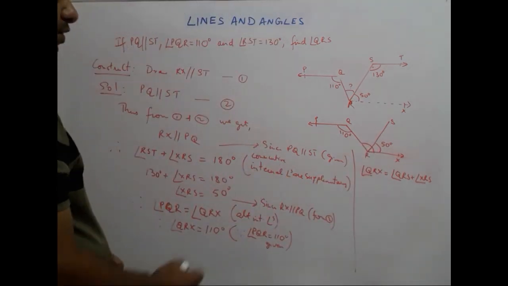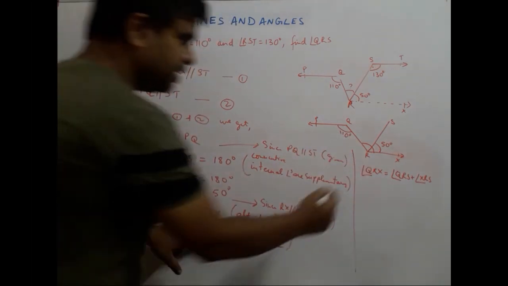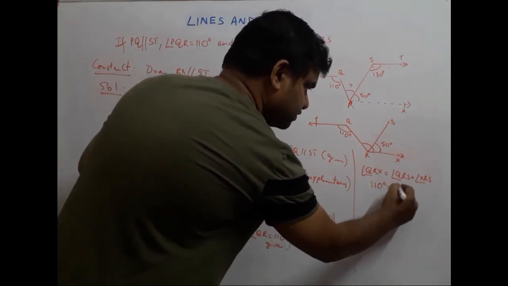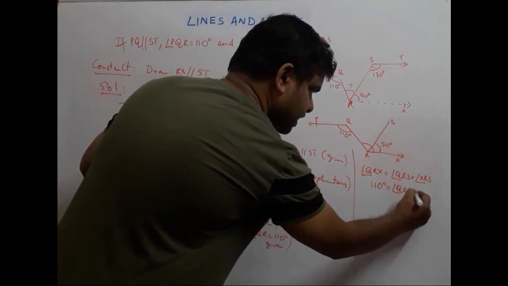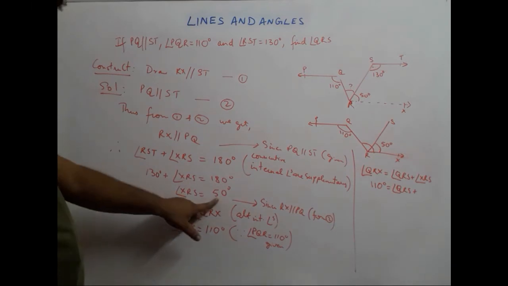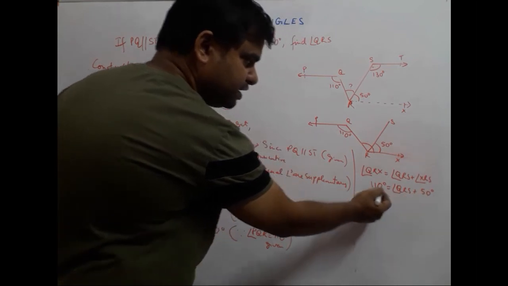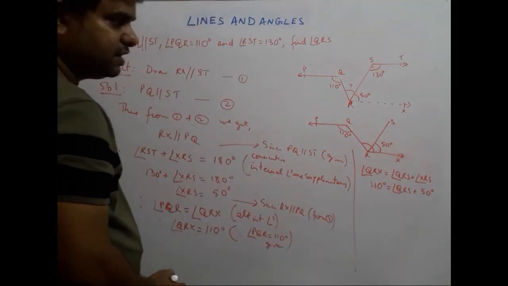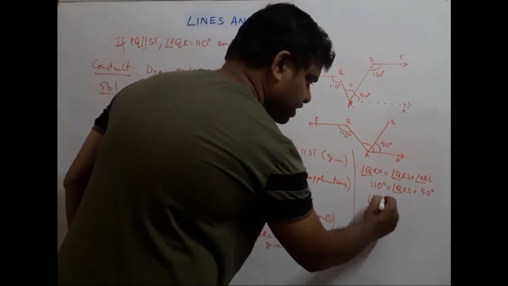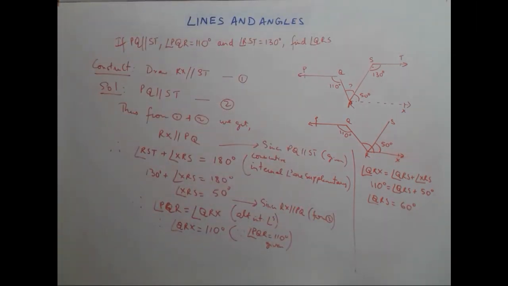Now we know QRX, the whole angle, it is 110 degrees. QRS we need to find out, and XRS we have got as 50 degrees from here. So we put this as 50 degrees. If I take 50 degrees to the left hand side, it becomes negative, and we get angle QRS equal to 60 degrees. Got it?